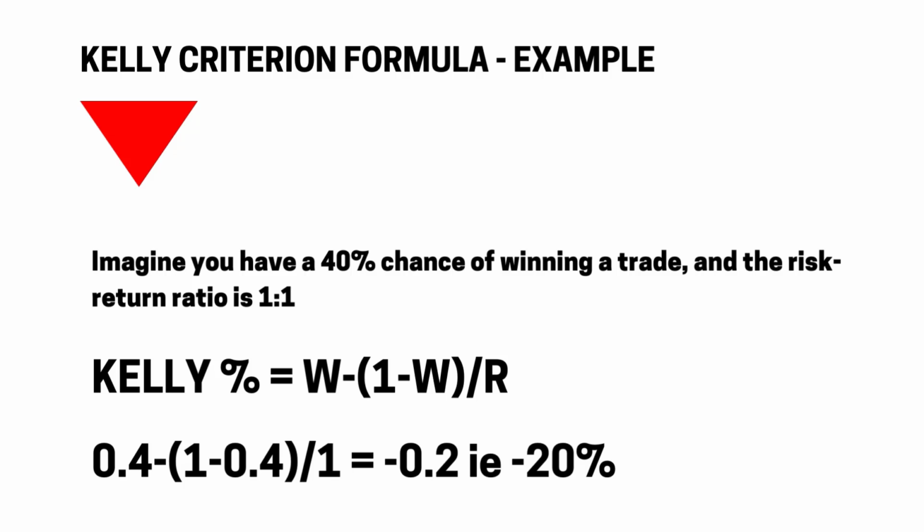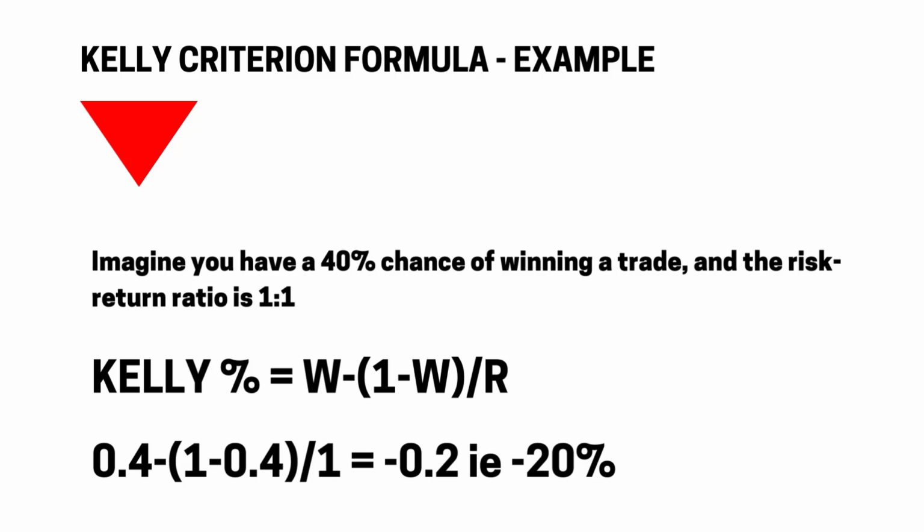If we plug those numbers into the Kelly formula, it comes out with minus 20%. So straight away you see a negative Kelly is telling you do not trade, do not pass go, don't collect your $100, forget that idea, move on, find something else. From the defensive point of view, don't waste your time here, find something else to do.